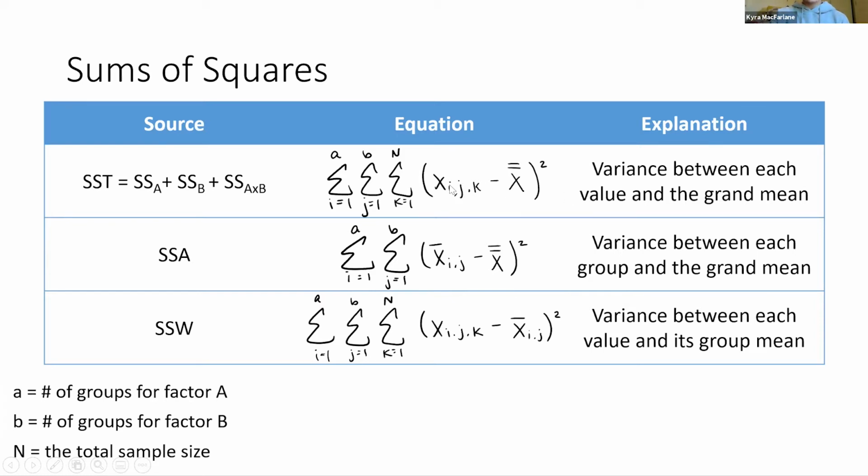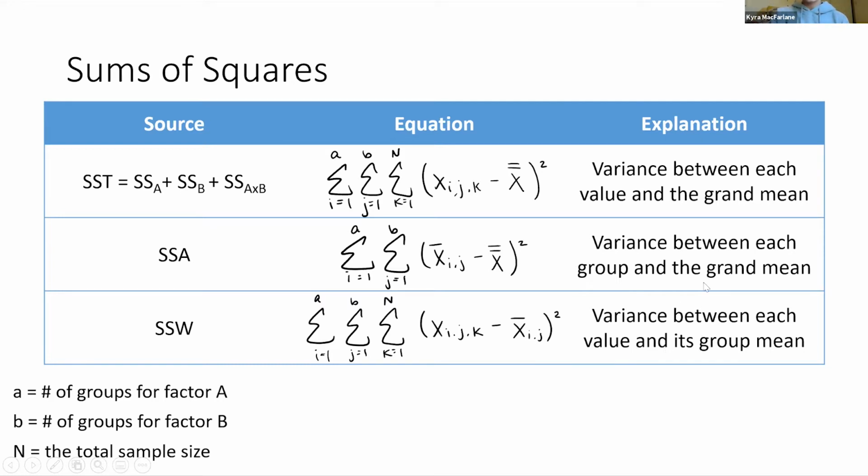So each individual point and the total mean of all of the data. The sum of squares among is looking at the variance between each group and the grand mean, just within the data, so for A or for B. Sum of squares within compares the variance between each value and its group mean.